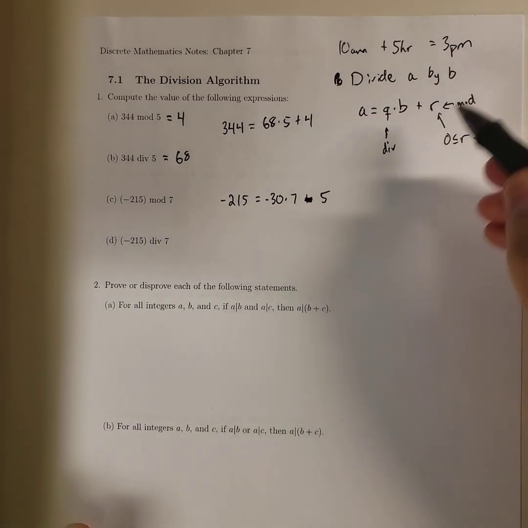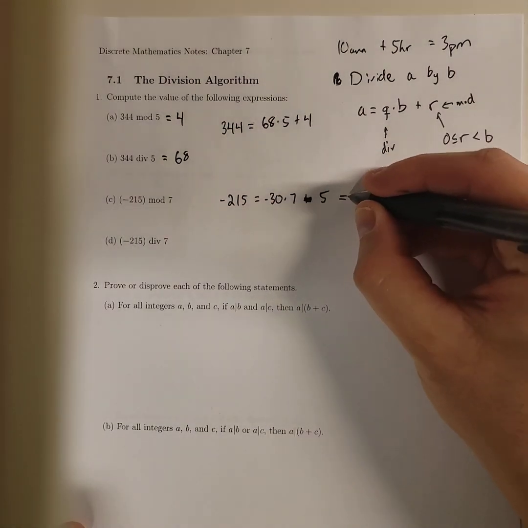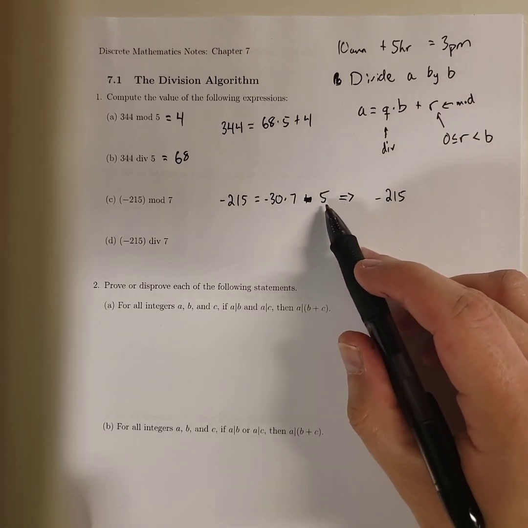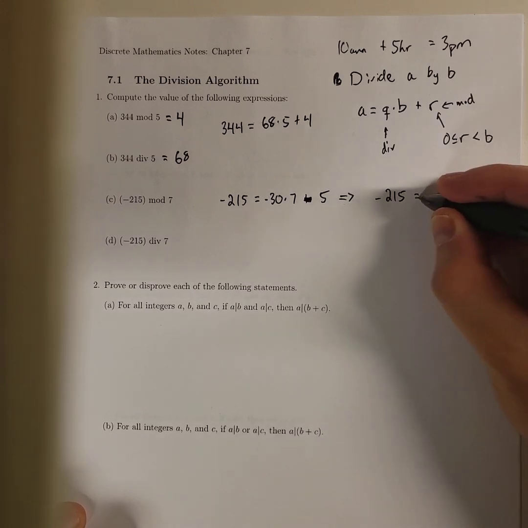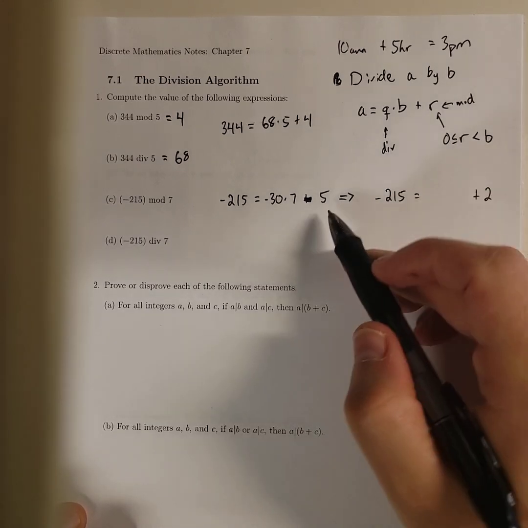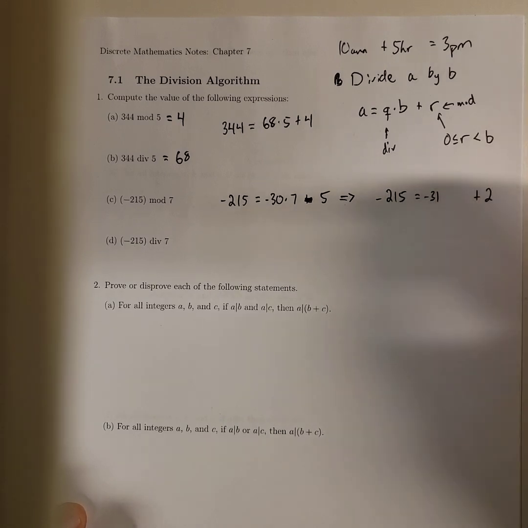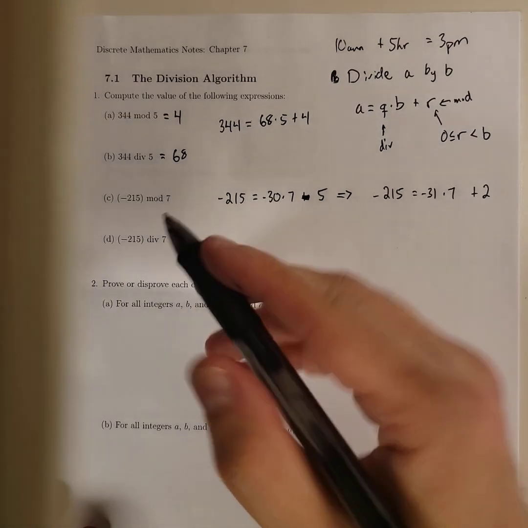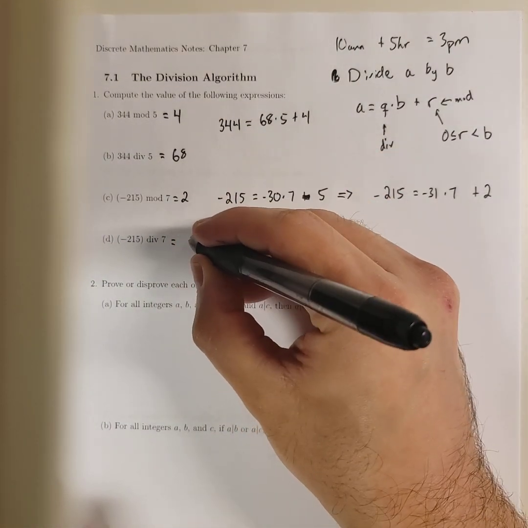But that remainder isn't between 0 and our b, which is 7 in this case. So we have to change this a little bit. If we want to change this by adding 7, we'd get a plus 2 as our remainder. But if we add 7, we have to subtract 7. That bumps this down to negative 31 times 7. So for these ones, the answer to the mod would be 2, and the answer for the div would be negative 31.